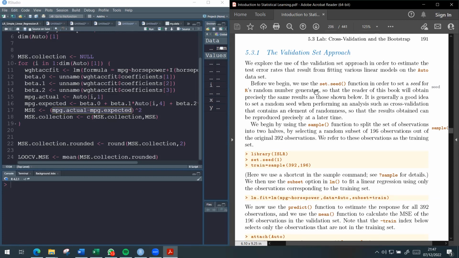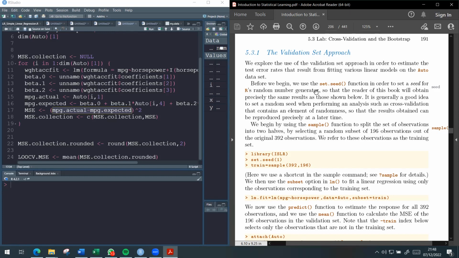It is generally a good idea to set a random seed when performing an analysis such as cross-validation that contains an element of randomness so that the results obtained can be reproduced precisely at a later time. We begin by using the sample function. This is what we're using right now, right? To split the set of observations into two halves by selecting.